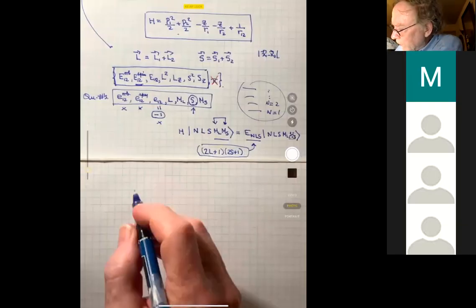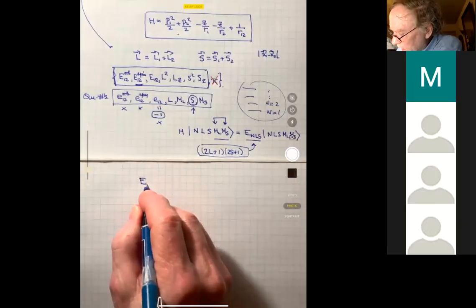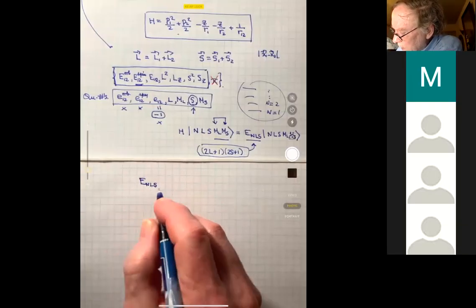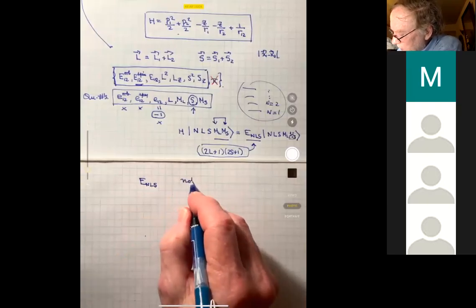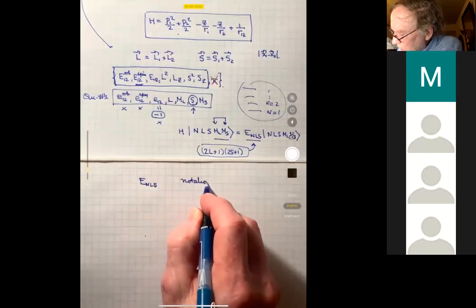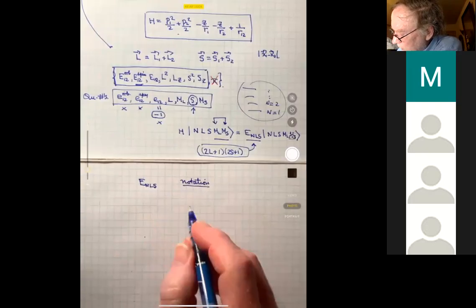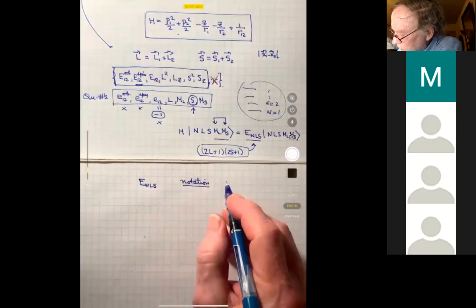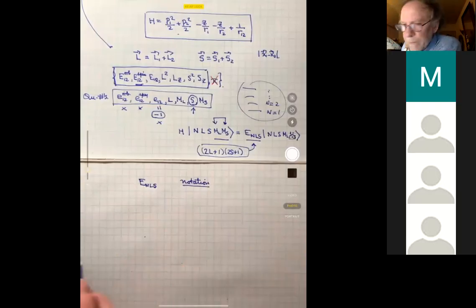Now, there's a question about spectroscopic notation for these levels, E, N, L, S. I'll tell you about it. We have to have spectroscopic notation in order to give you some rules that are just for memorization. You know, my wife is a doc, so she has to deal with prescriptions.